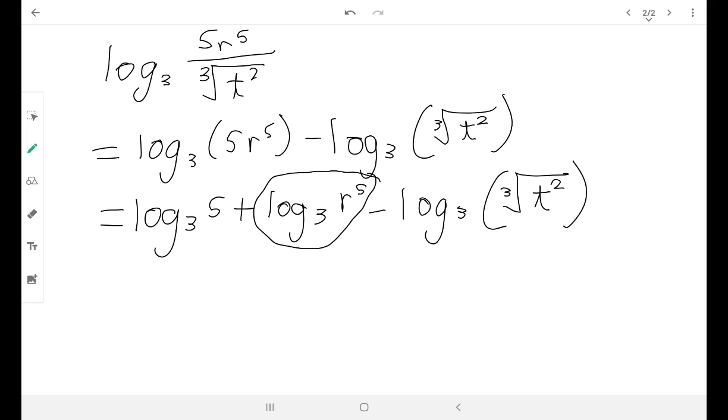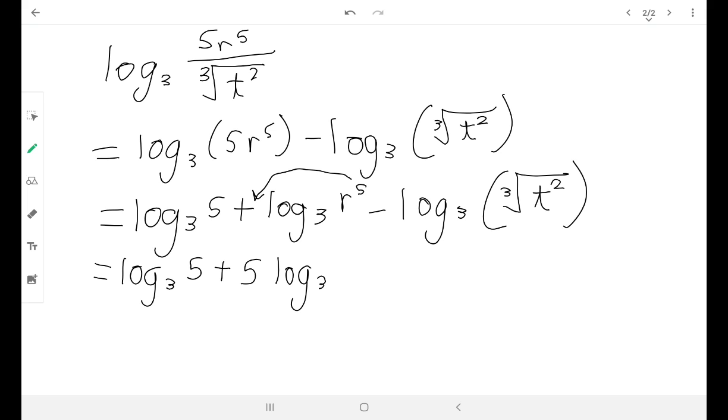So I can just leave that part. This part, on the other hand, if you look at it having this exponent here, I can use the exponent rule. I can take that 5 and move it to the front, turn it into multiplication. So I'd get log base 3 of 5 plus 5 times log base 3 of r, and then minus this log base 3 of the cube root of t squared.